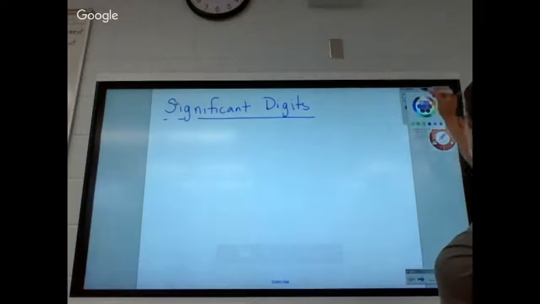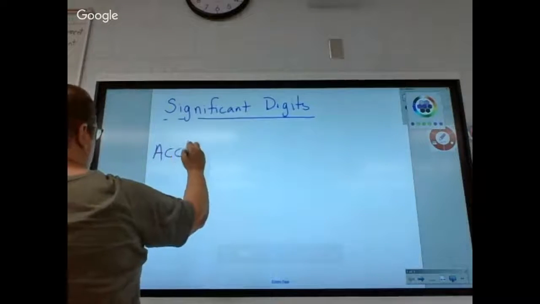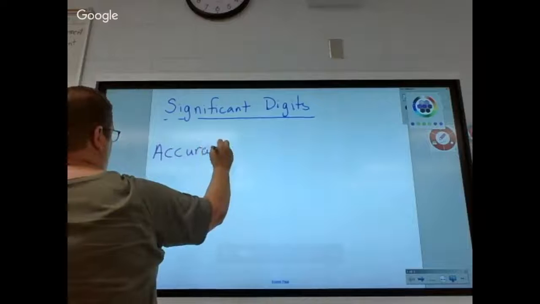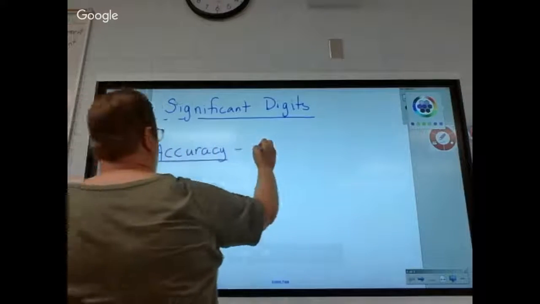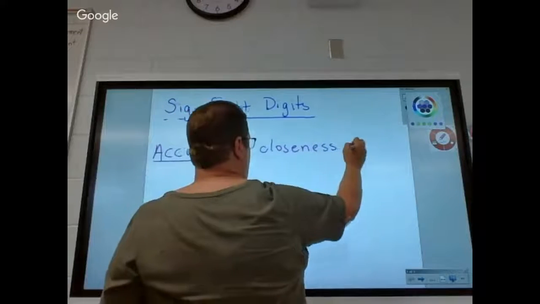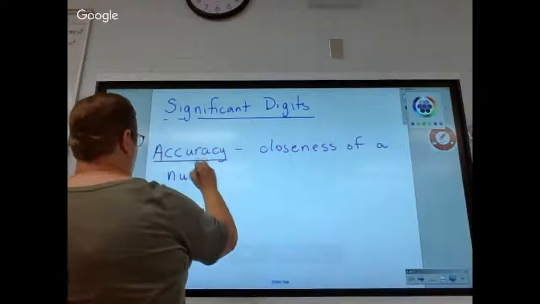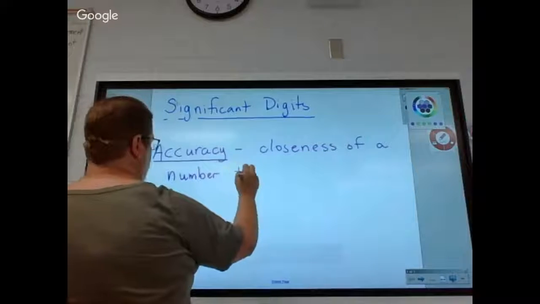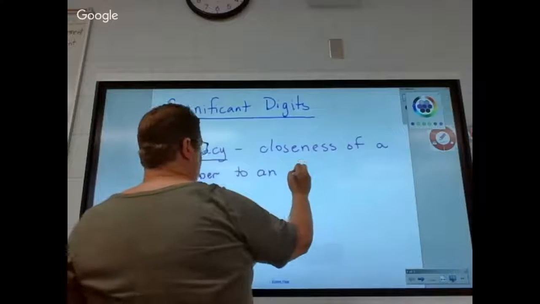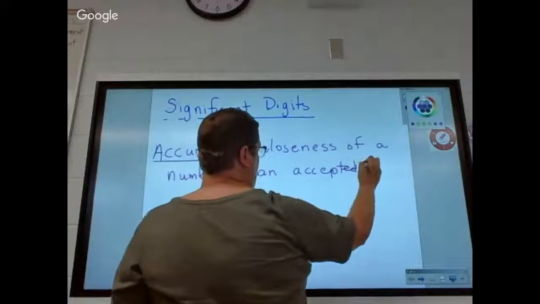The first one is called accuracy. Accuracy is the closeness of a number to an accepted value.